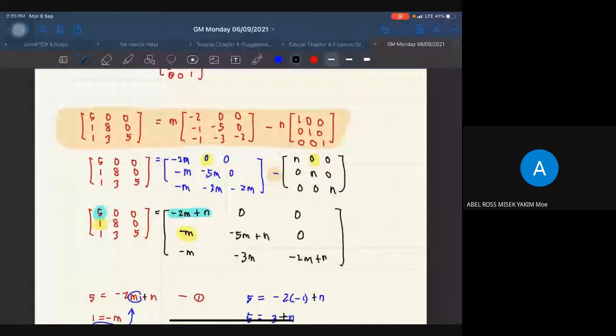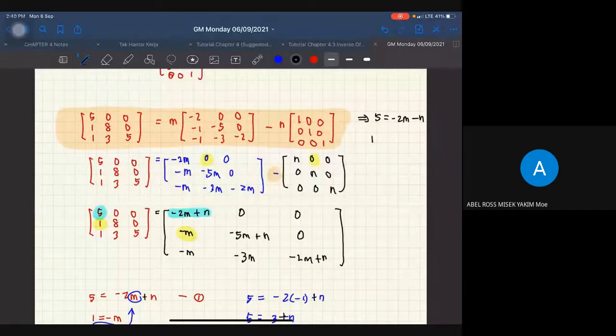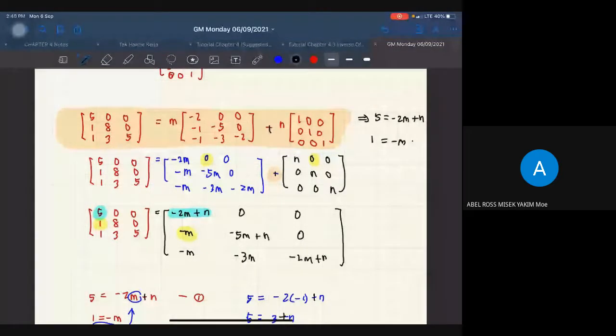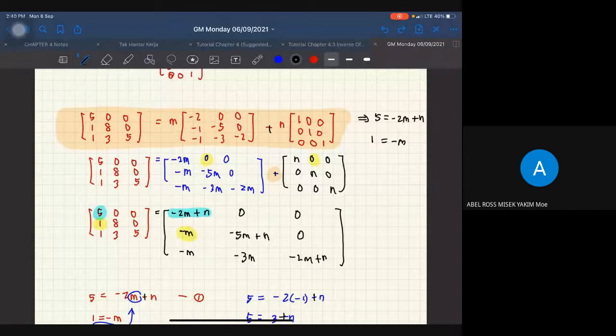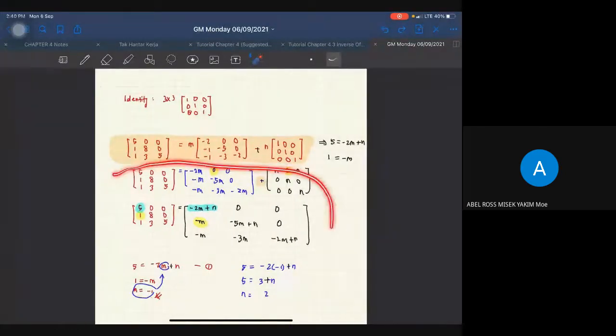Kita ada 5 sama dengan negative 2m tolak n. So itu satu equation. And then lagi satu equation dia dapat 1 sama dengan negative m. Macam tu. Okay, so maksudnya kawan awak ni dia tak tulis pun jalan kerja yang ni.